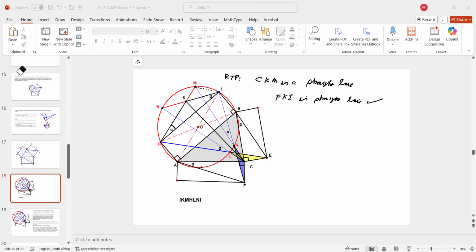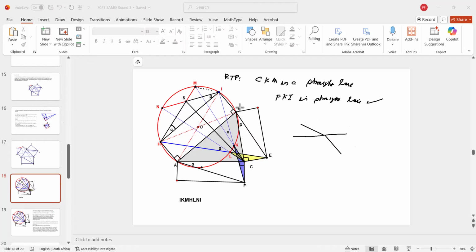Right. Okay, now I've got one angle on this. I already have one straight line. If I want to show that the other one is a straight line, then I have to show that vertically opposite angles are equal.